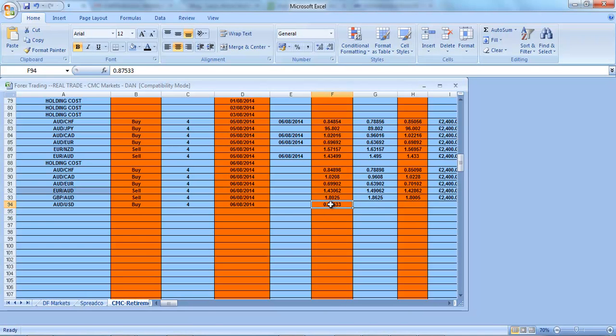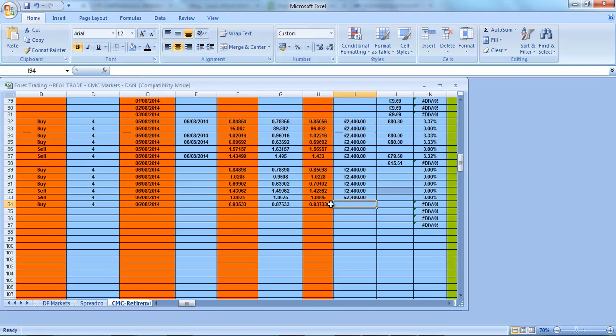Let's start again. So 0.93533, and then the stop loss is 0.87533, and obviously the take profit is 0.93733. And the stop loss amount that I put in was £2,400.